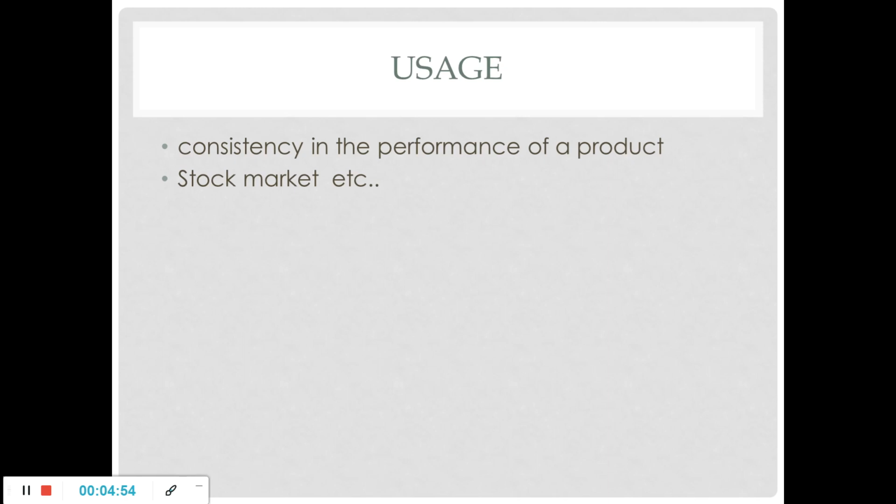Especially as an investor, you will be interested in investing in a stock which provides less variance. So this is one test you can use to check which stock provides less variance.